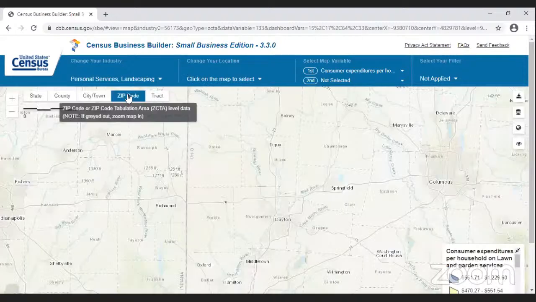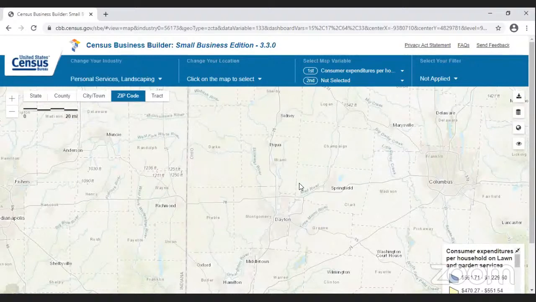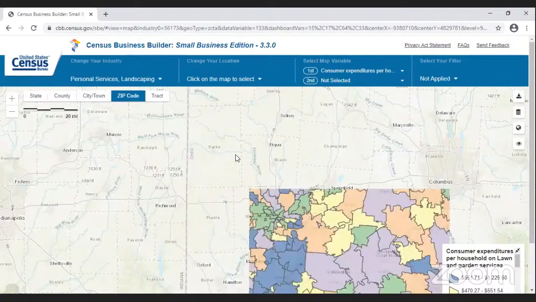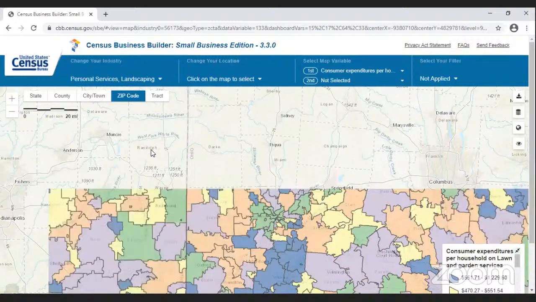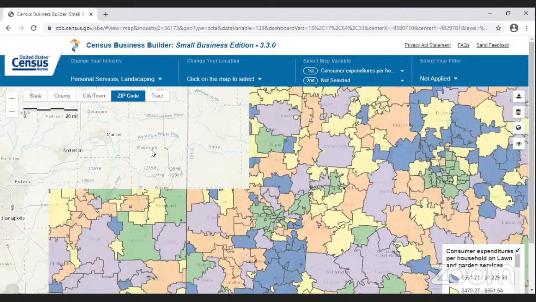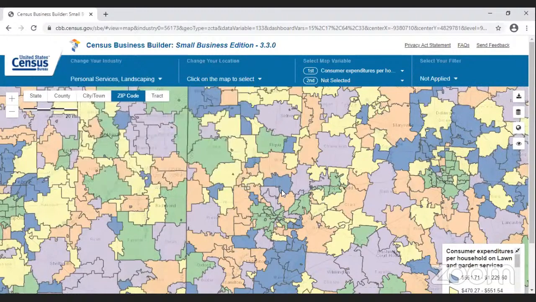The map variable is not going to change. It's just going to repaint the map by the zip codes. And you can see it's started to do that. Again, the blue zip codes are where they spend the most on their lawn and garden. So maybe that's something someone in a landscaping business would want to look at.